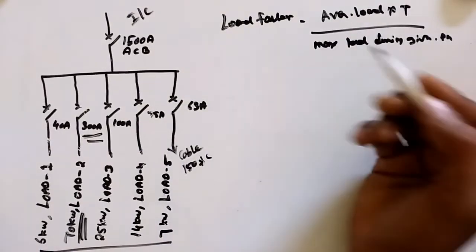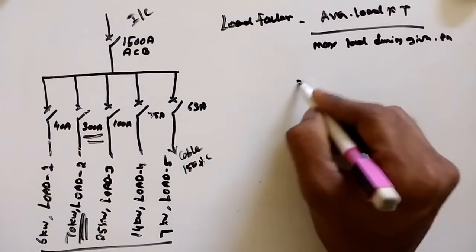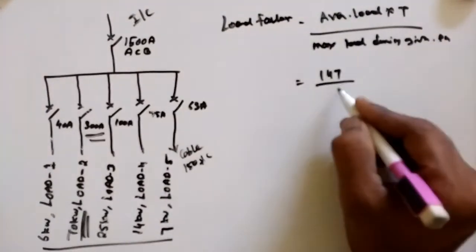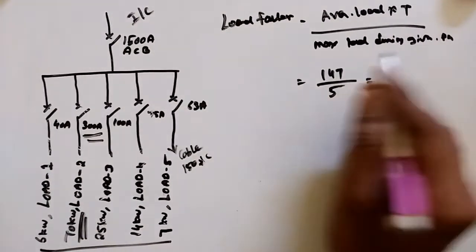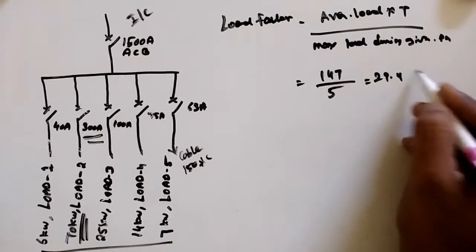How do we calculate this one? Already we know the average load, the total load divided by the number of loads, 29.4. This is our average load.